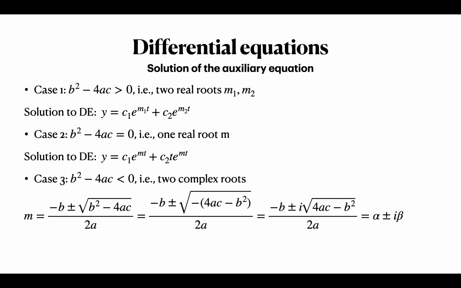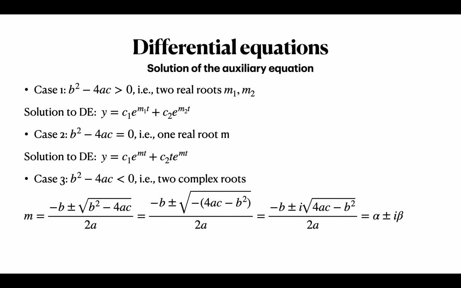So it's the square root of minus 1 times the square root of 4ac minus b squared. We call the square root of minus 1 i. That's by definition. And so what you end up with then is minus b plus or minus i times the square root of 4ac minus b squared, over 2a. And let's call the real part alpha and the imaginary part beta.